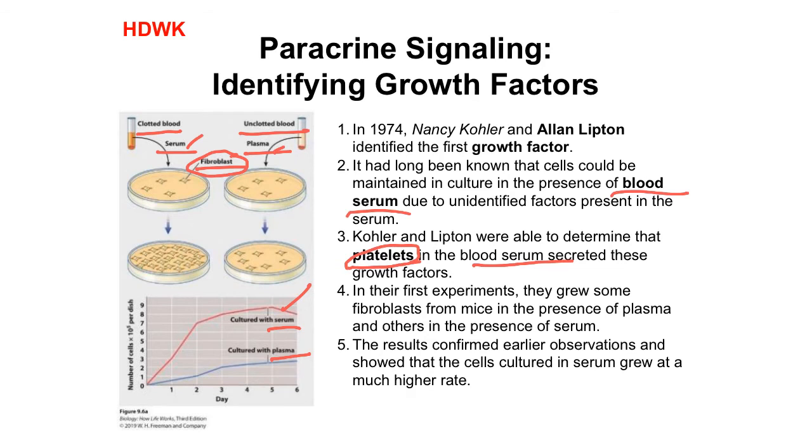So to Nancy Kohler and Alan Lipton, these results suggest that there is something in the serum that accelerates the growth or the cell division rate of fibroblasts when treated with serum.